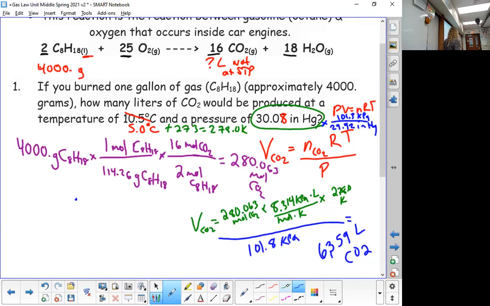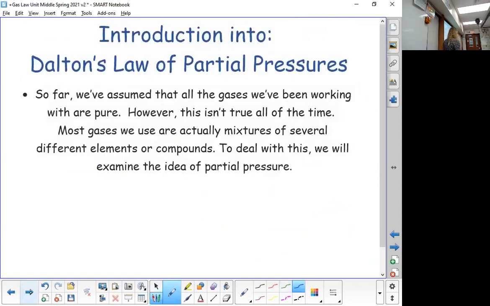Okay, the lab activity we're doing tomorrow is an application of gas stoichiometry, but also this idea of partial pressures, and it's called Dalton's law. He was the first person to look at it, and he was really interested in meteorology and that air is a mixture. And most of the time, the gases that we work with are not pure.